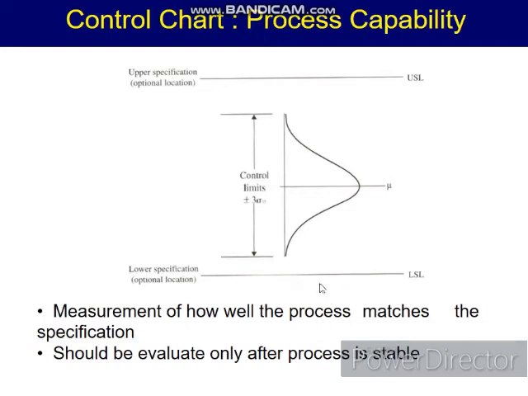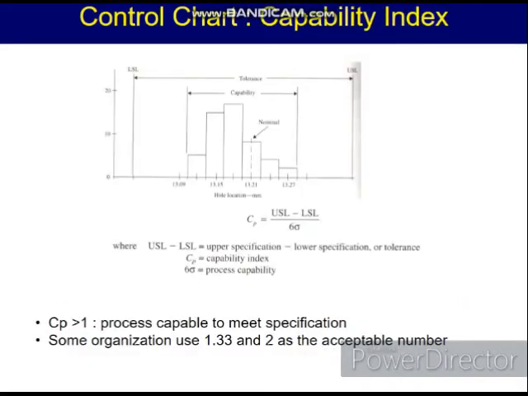And we should only conduct the process capability analysis after we know that the process is stable. How do you know the process is stable? By control charts, just now. One way to ascertain the capability of a process is by calculating the capability index.